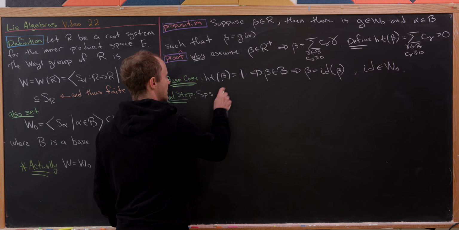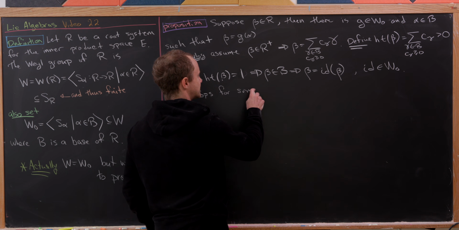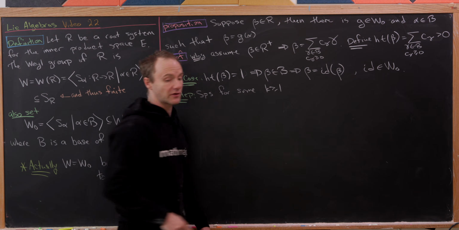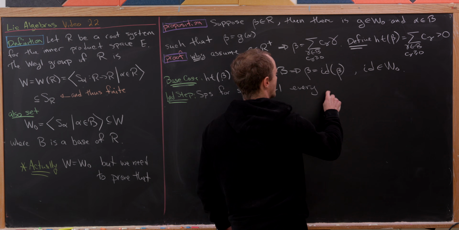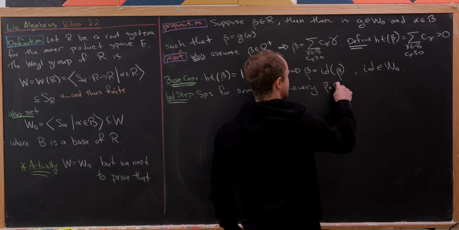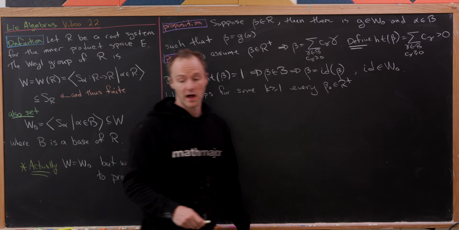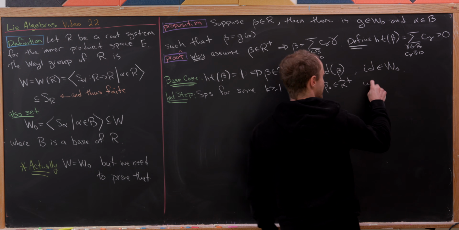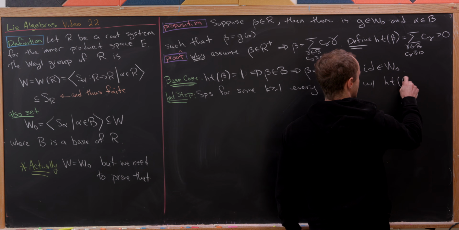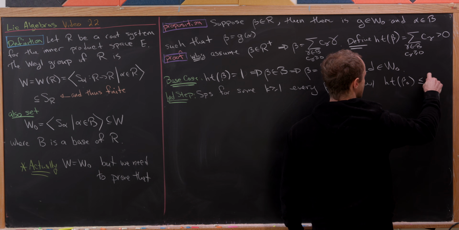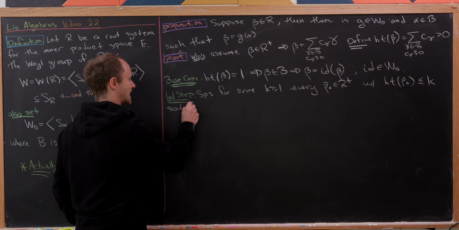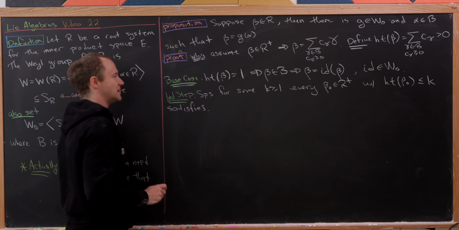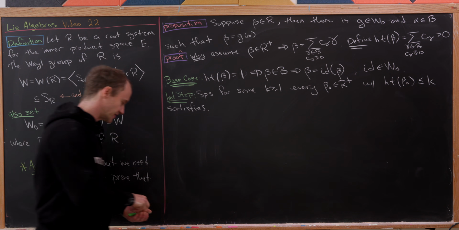So let's suppose for some k bigger than or equal to 1, every what I'll call beta naught inside of R plus with the height of beta naught less than or equal to k satisfies the condition. What I mean here is satisfies the condition.